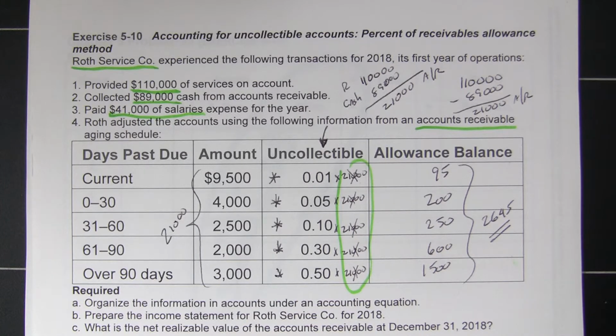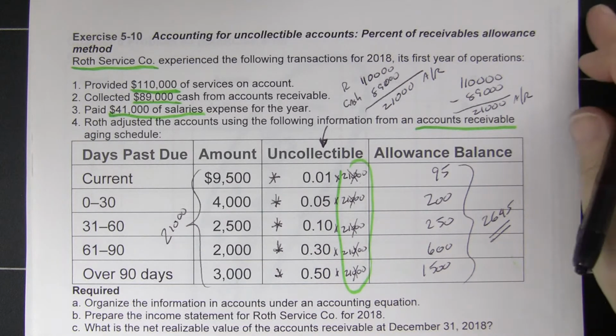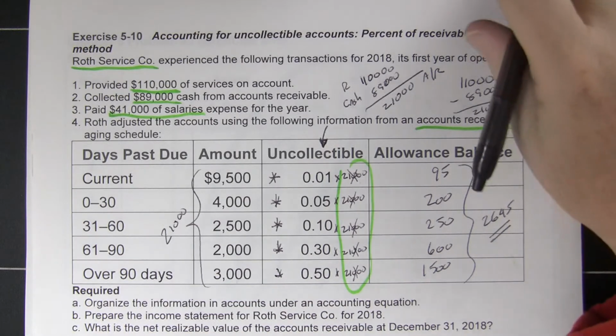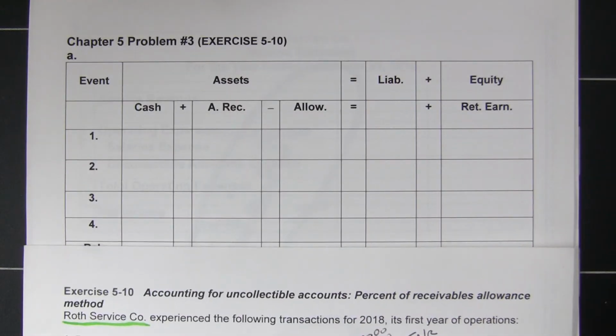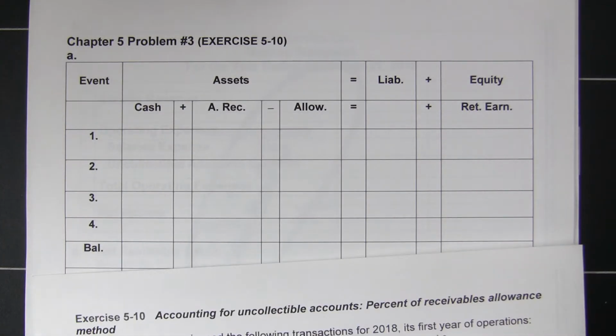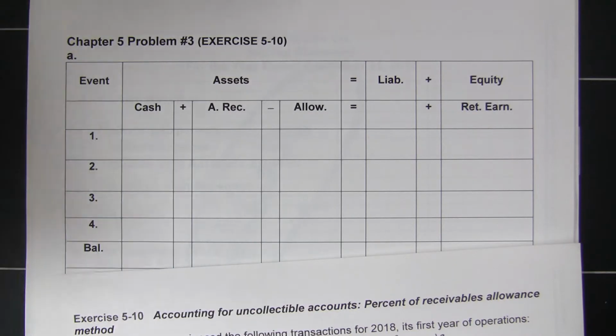So now they ask us, organize the information in accounts using an accounting equation. And we can do that. So, first transaction, they provided $110,000 of services on account. Well, that's revenue. So, $110,000 of services on account. My notes are falling all over.